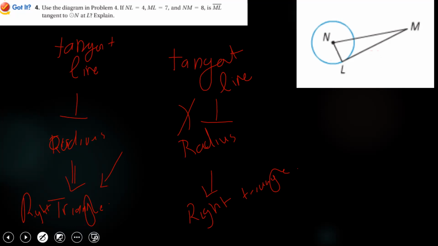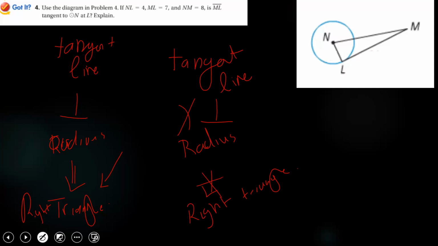You help me, I will help you. You help me that the tangent line is perpendicular to a radius, so it forms a right triangle. So I help you with the Pythagorean theorem and the summation of the angles to find any unknown things you need. But if it is not perpendicular, you will not give me a right triangle, so I cannot help you.